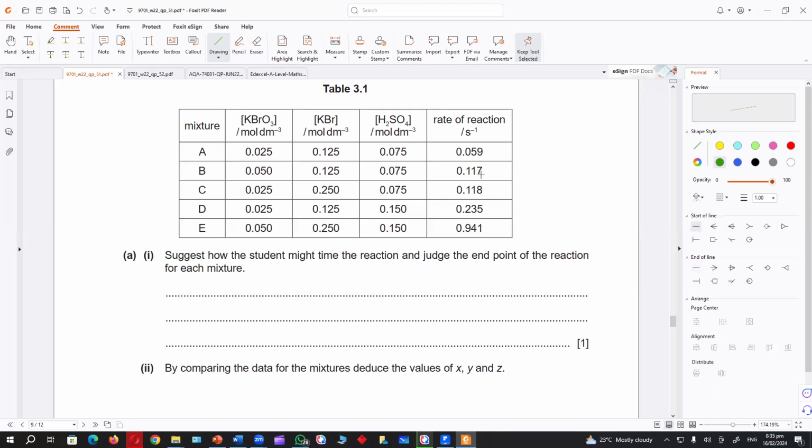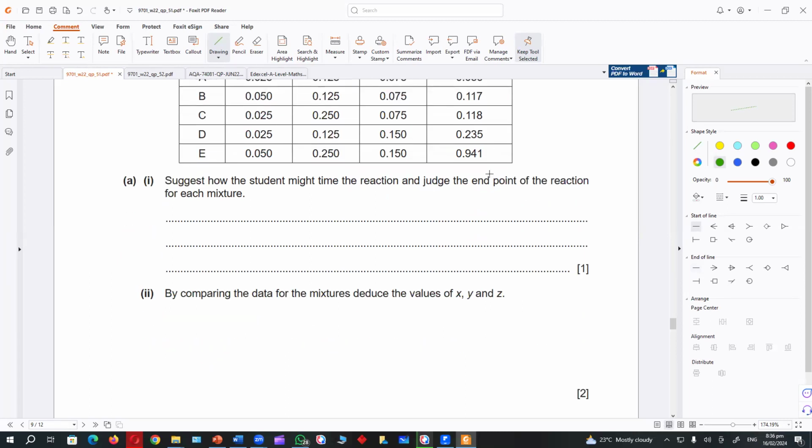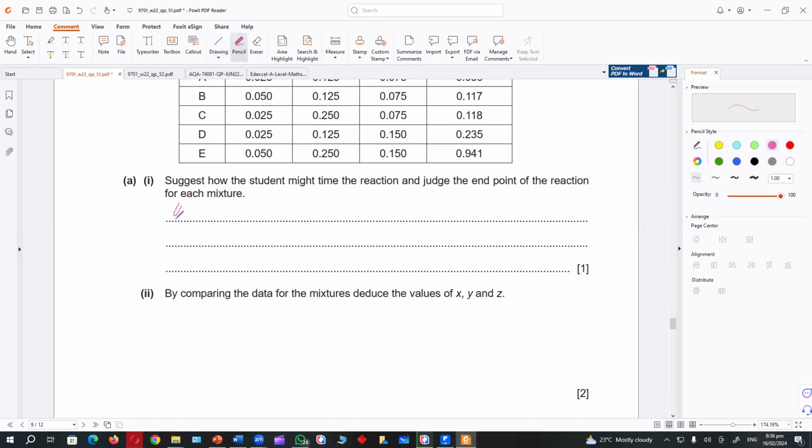So if it is bromine, then we can mention to the examiner the color change. Use a stop clock.